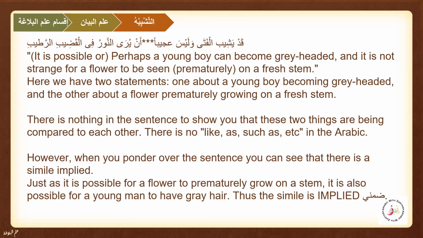Kids nowadays use different shampoos and sprays that damage their hair. So there are likely many causes which make hair gray. So this is unexpected, but there is a possibility. This simile is not stated directly, but it is understood through logical connection.